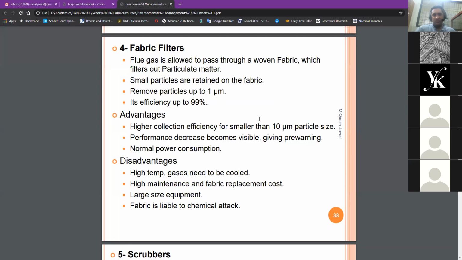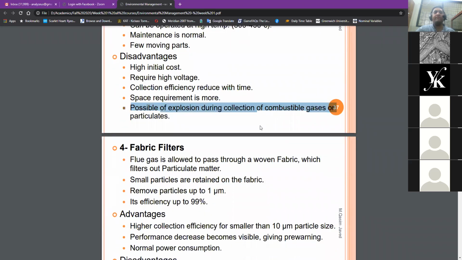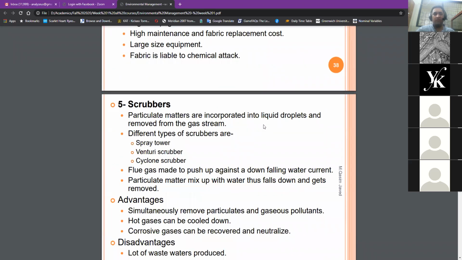So fabric filters are a technology, not a machine. Similarly, electrostatic precipitators are a technology. They can be used in different machines, different systems, different setups. So we are not talking about five machines here, we're talking about five systems or five technologies which can be used in many different kinds of setups or machines.